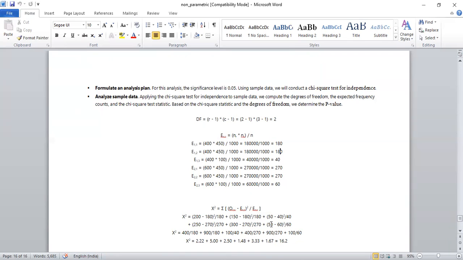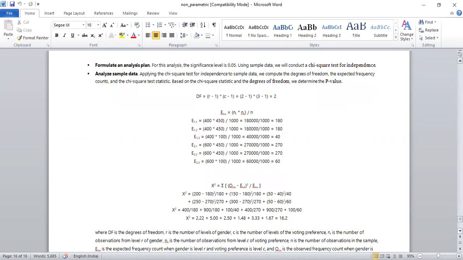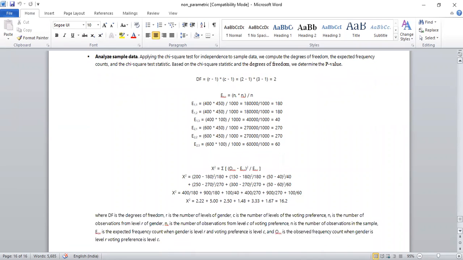In this way, you move on and add all those values, the difference between observed and expected frequencies whole square by expected frequency, and the summation of these gives the chi-square statistic, and the value you are getting here is 16.2.